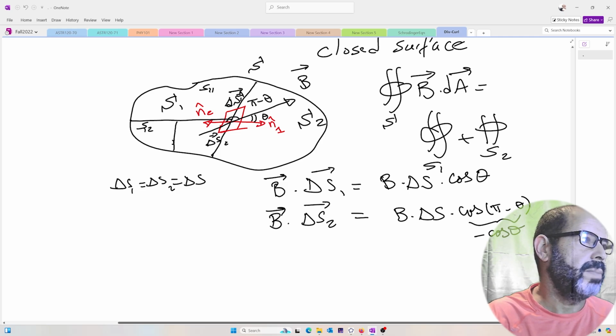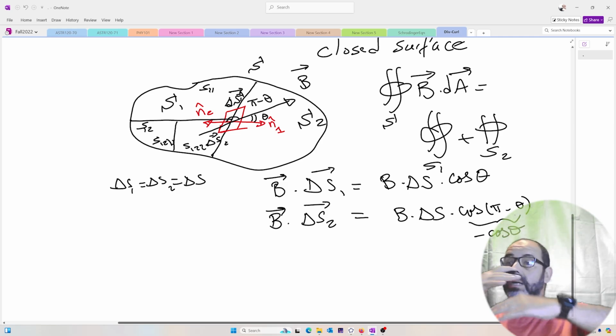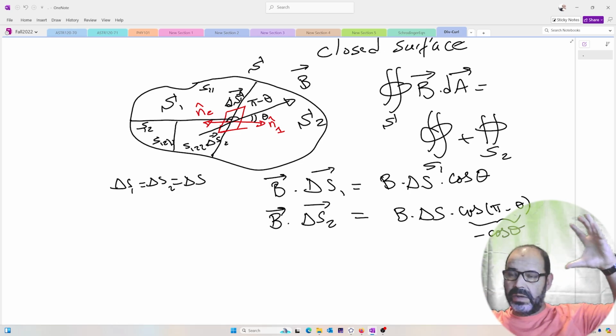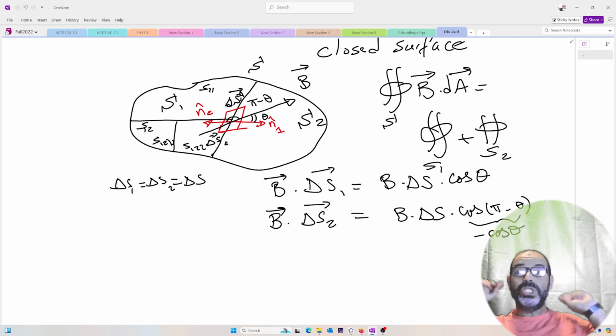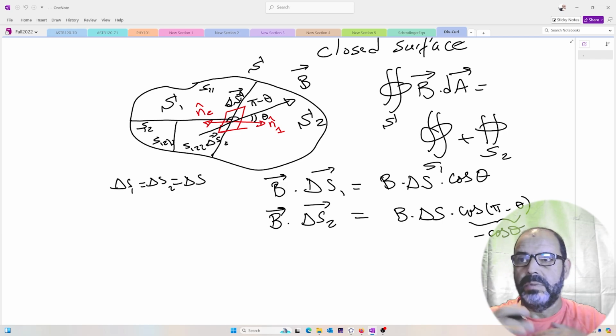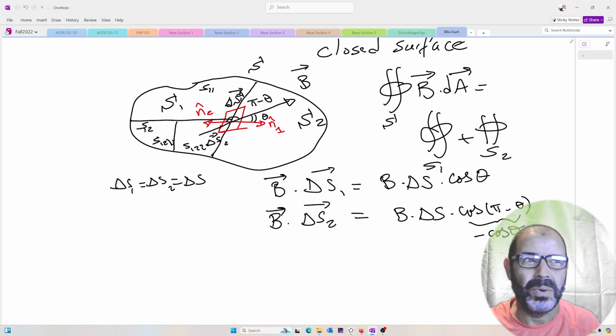S12, for example, will be divided into S121 and S122, and so on and so forth. So imagine that everywhere the areas match, they will cancel out until at the end I arrive at the outer edge of the surface, which is what I want all along. That does not cancel because it doesn't have an outside region for it to cancel. That's really our starting point.